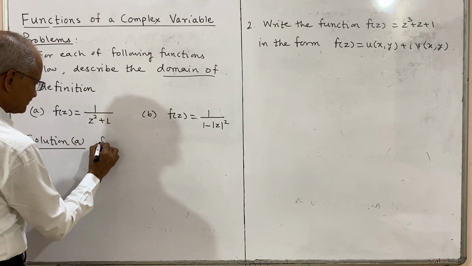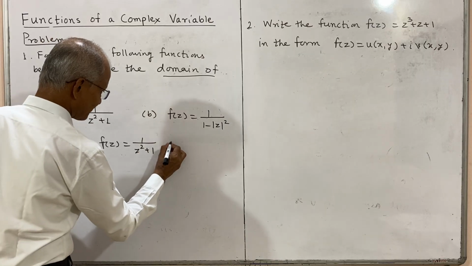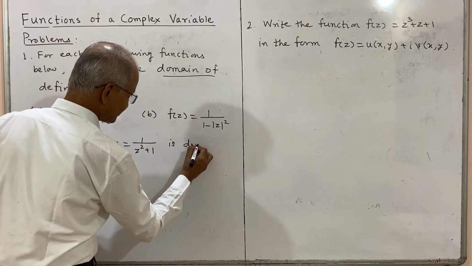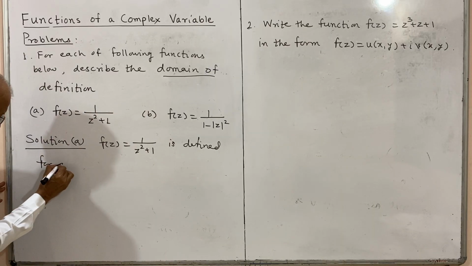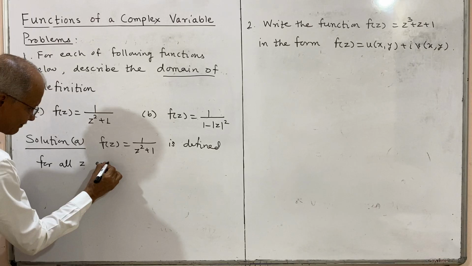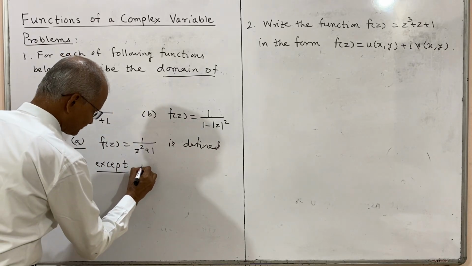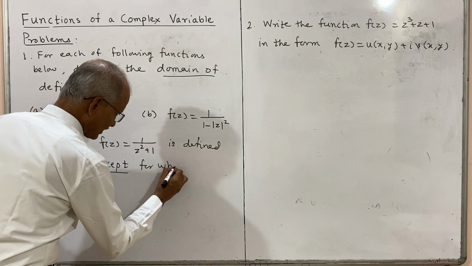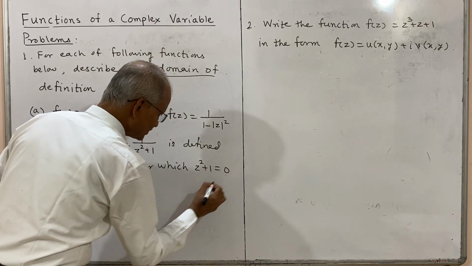f(z) = 1/(z² + 1) is defined for all complex numbers z except those for which z² + 1 is equal to 0.